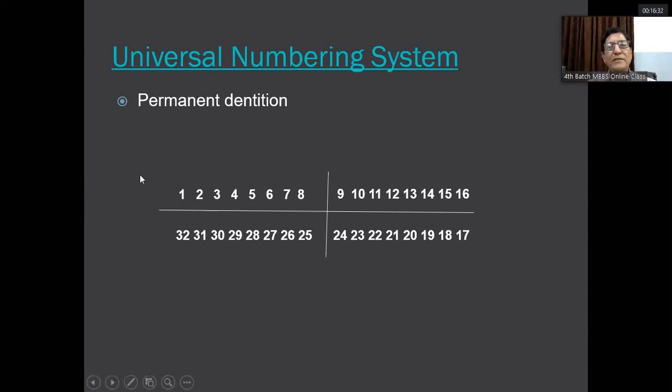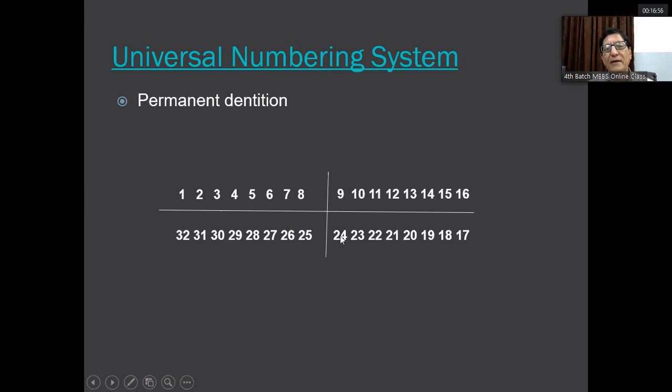Third molar is numbered as 1, and then you come in front one by one. Second molar, first molar, and then second premolar, first premolar, canine, lateral incisor, central incisor, and again the same thing. It goes like this: central incisor, lateral incisor, canine, first premolar, second premolar, first molar, second molar, third molar.